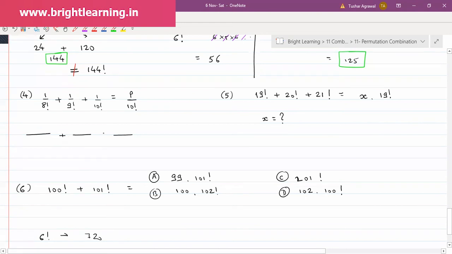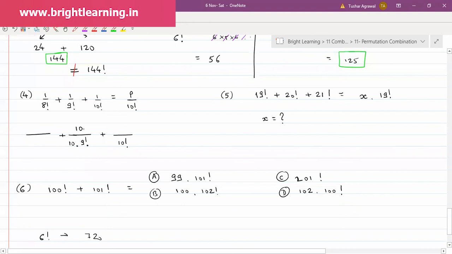We have to convert the LHS into the same denominator. Let 10 factorial stay as it is. 9 factorial is already there, that is 1 into 2 into 3 up to 9. My target is 10 factorial, so I multiply the denominator by 10, and I am forced to multiply the numerator also by 10.